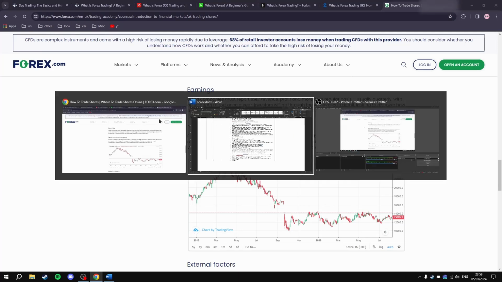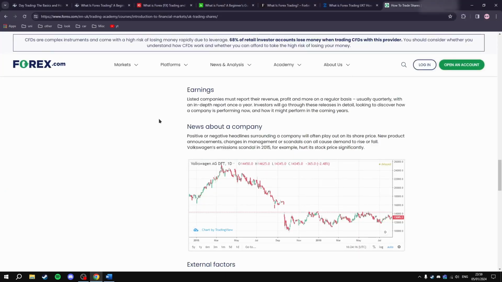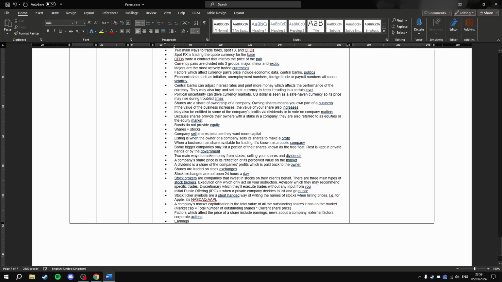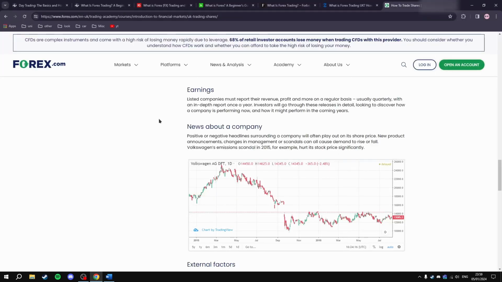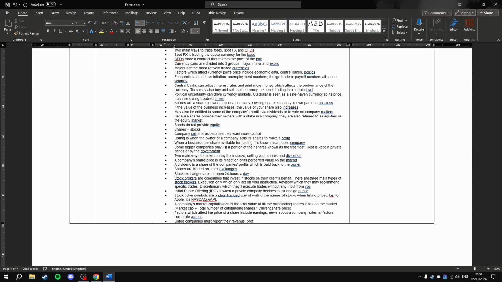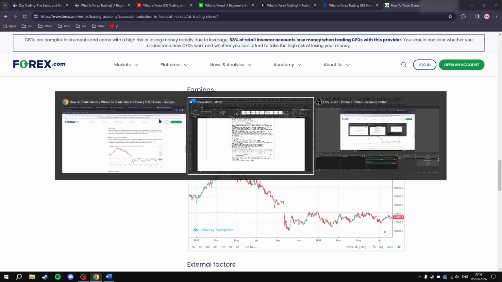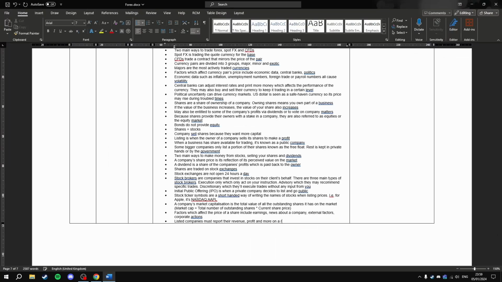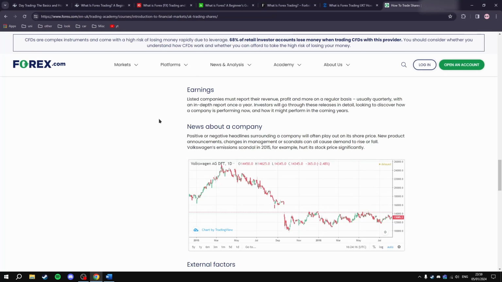Earnings. Listed companies will report their revenue, profit and more on a regular basis. Isn't that like the company reports?